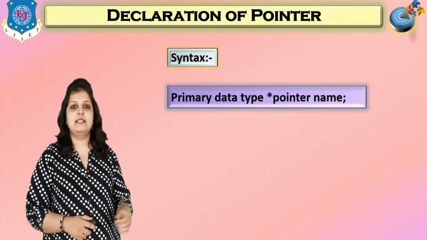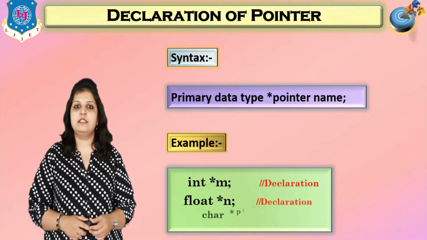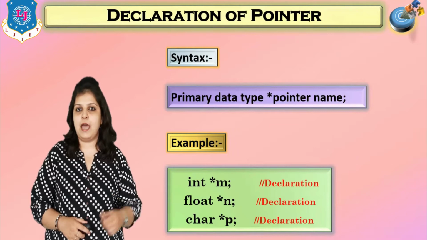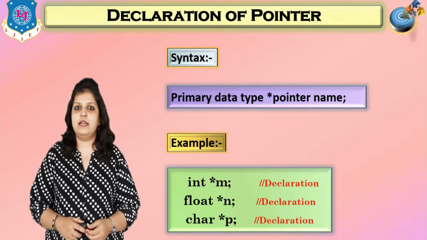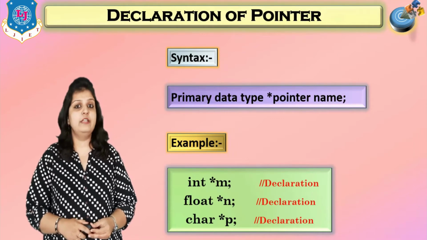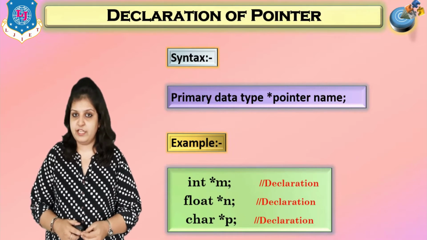So let's see the example of how we can declare a pointer variable. Here the first pointer is an integer type pointer, int *m. Then second is float *n, and third is char *p. Now you may think which data type we have to take when we declare the pointer.